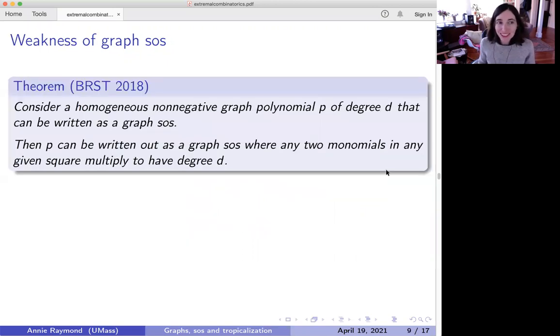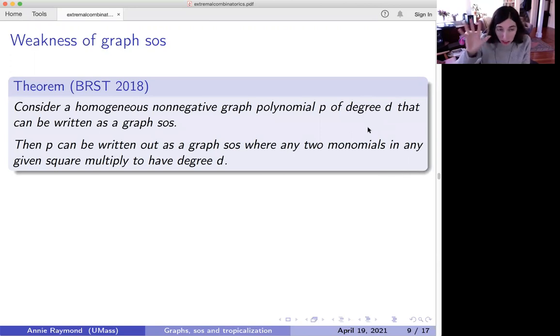All right, so here is one weakness that we found for graph sum of squares, and there are more, but this is the only one we know. So consider a homogeneous non-negative graph polynomial. So a non-negative graph polynomial where all the graphs involved have the same number of edges, and there's d edges, that's why we say of degree d.